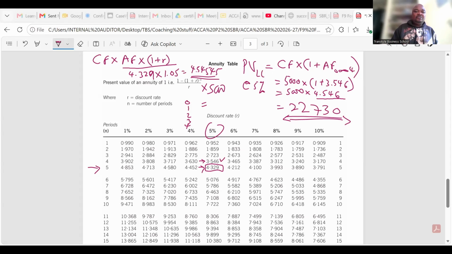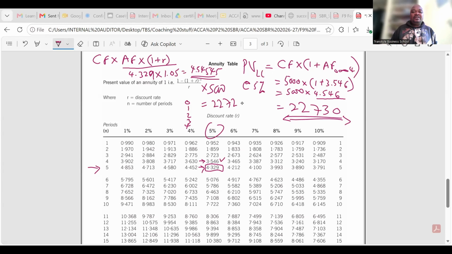So if we say multiplied by 5,000, you come to 22,727.3, which is to some extent negligible.